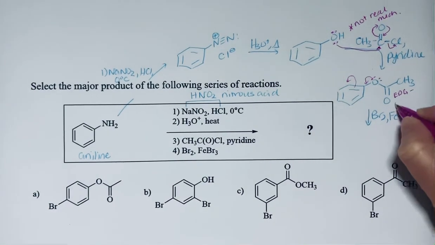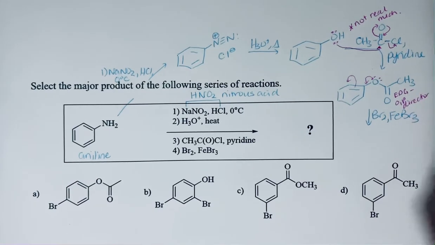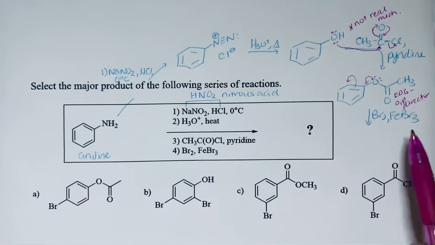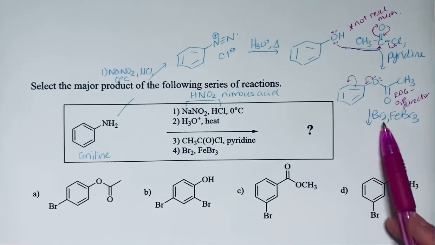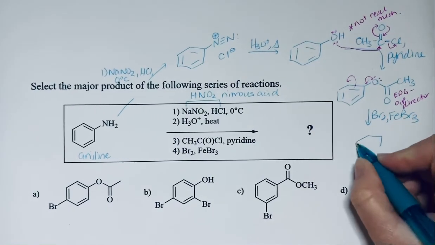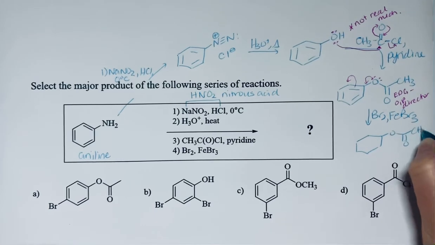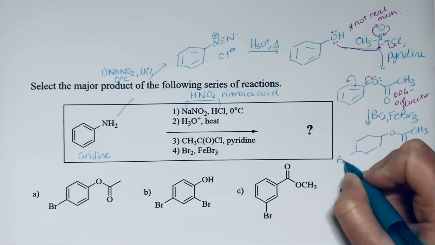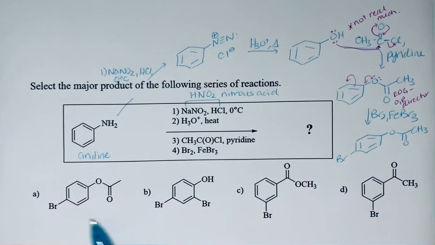So this is an ortho-para director. Okay, so we could get a bit of a mixture of ortho and para. This is a little bit sterically hindered, so I would assume we're going to get mostly para. So we can draw that product. And if we take a look at our options, we can see that this is matching to option A.